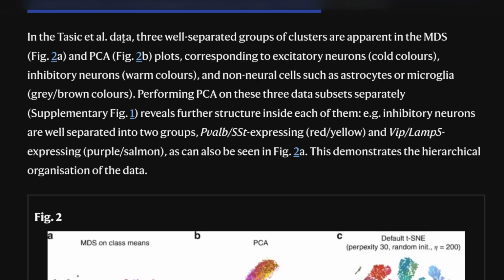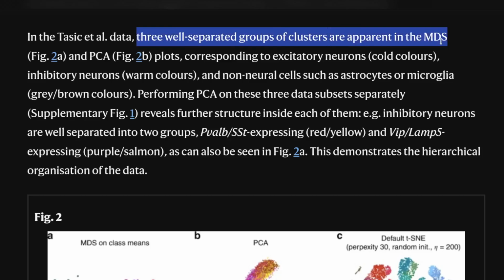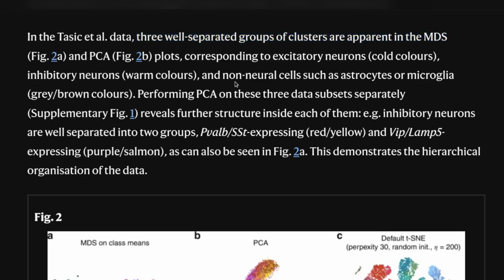In the Tasic et al. data, 3 well-separated groups of clusters are apparent in the MDS, Figure 2a, and PCA, Figure 2b, plots, corresponding to excitatory neurons, cold colors, inhibitory neurons, warm colors, and non-neural cells such as astrocytes or microglia, gray/brown colors.